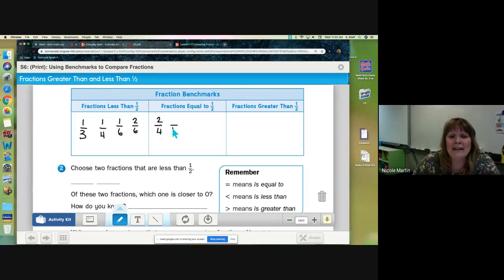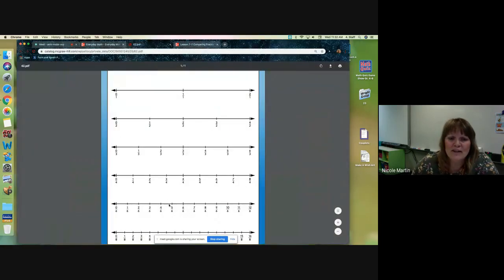If I have a denominator of 6, what will my numerator be, Cohen? Yeah, 3. Because 3 is half of 6. Let's go back and look at that poster. 3/6 right here is the same as 1/2. Also the same as 2/4.